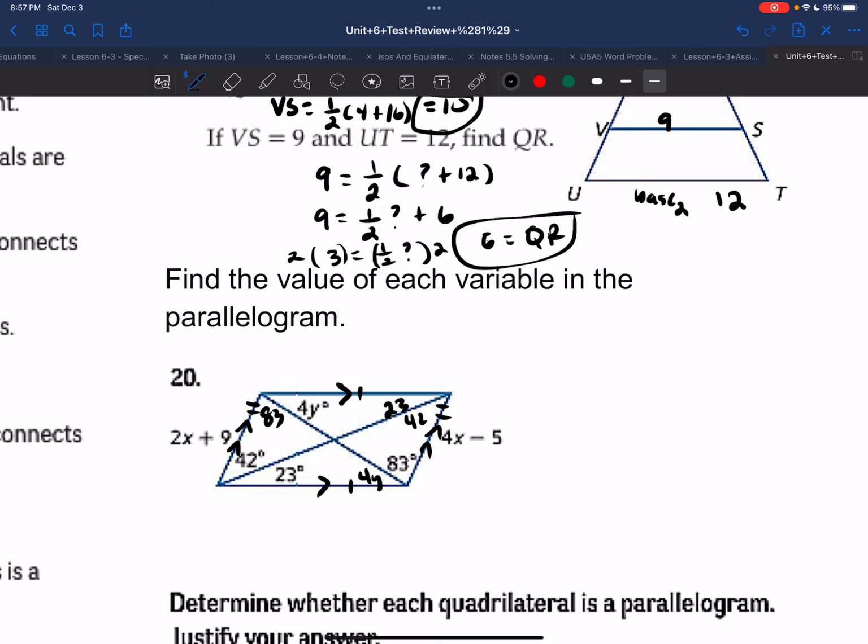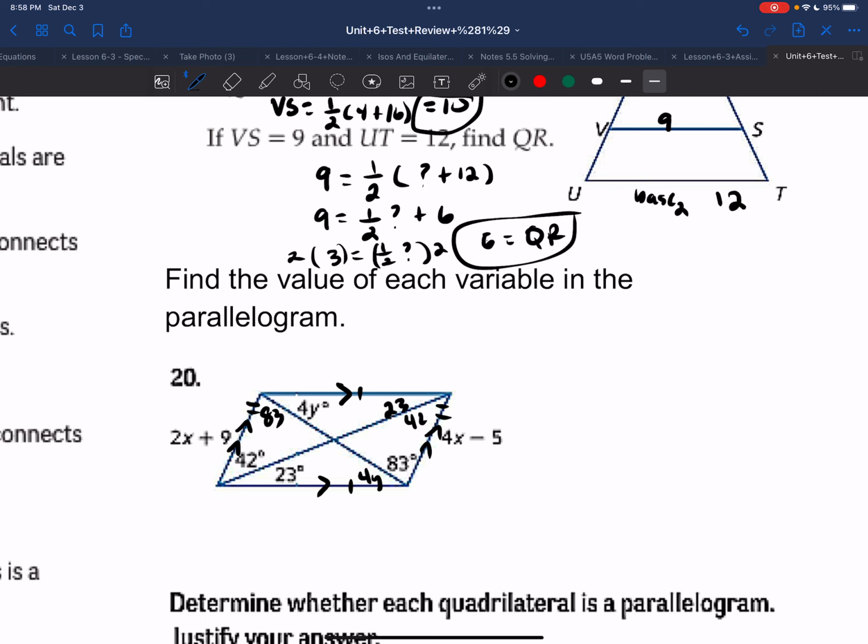Okay? So then, because this is a parallelogram, it is a quadrilateral by default. So I need to add all these up and solve for whatever I need to solve for. Actually, no, I don't need to solve it for anything, do I? Yeah, no, I do, because I have this 4y here.